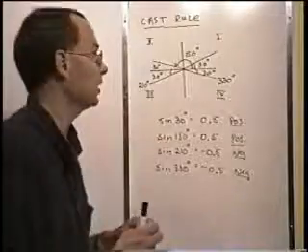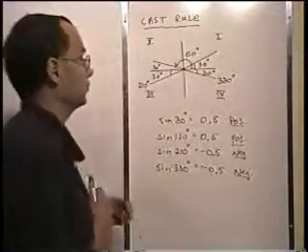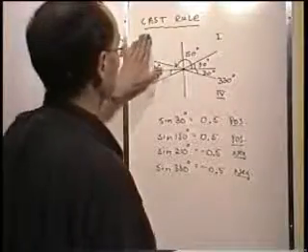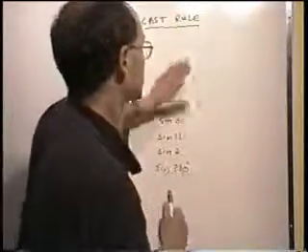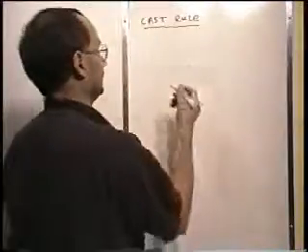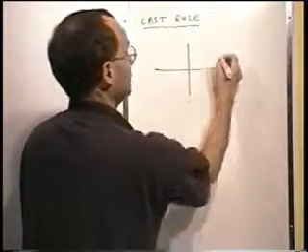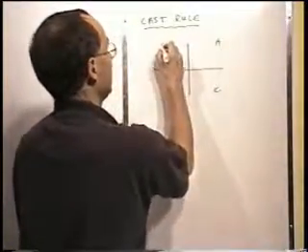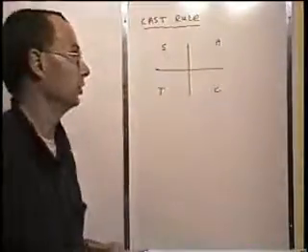What I'm going to do is summarize the entire results now with our friend the CAST rule. And here's how the CAST rule looks. When I summarize it all very quickly, what do I get? I get this: C, A, S, and T. And what it tells us is the following.